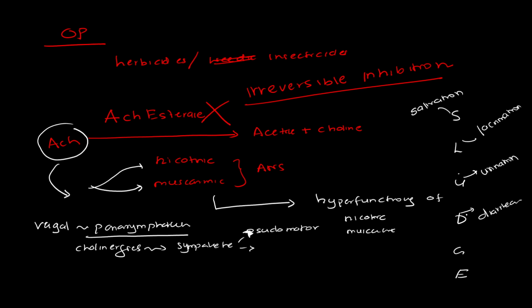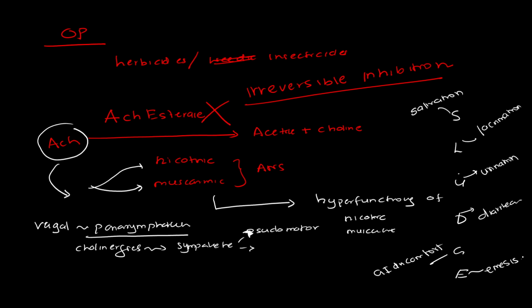Even excessive sweat production is a possibility. And what else? G means GI discomfort, abdominal pains, and E means emesis, which is vomiting.